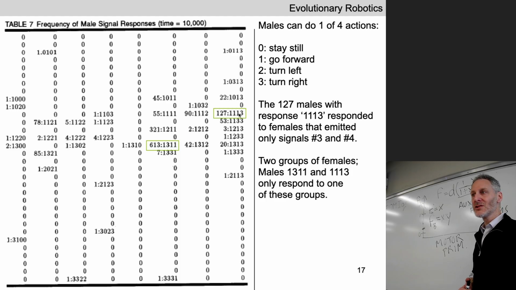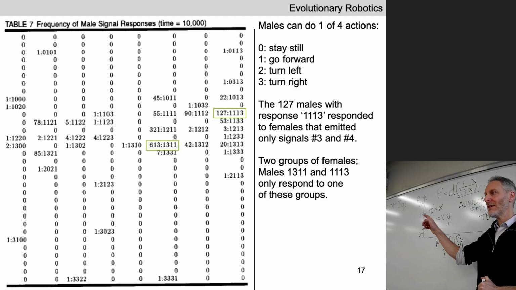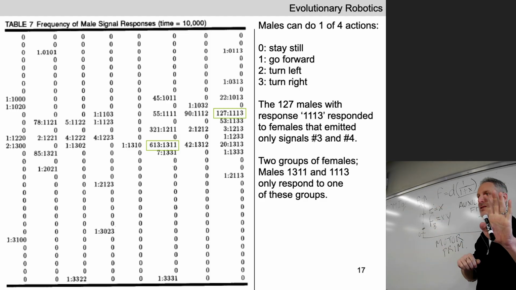And these males tend to be reproducing with females that only emit songs 3 and 4. So not only do we have speciation among the males, there's also speciation among the females. There's a group of females that only ever sing songs 1 and 2, and a separate group of females that only ever sing songs 3 and 4.